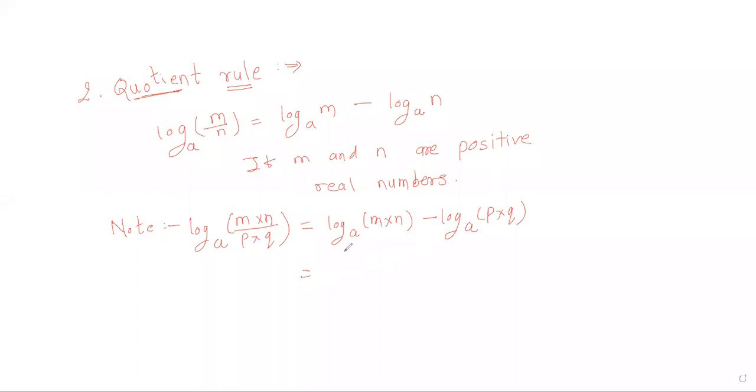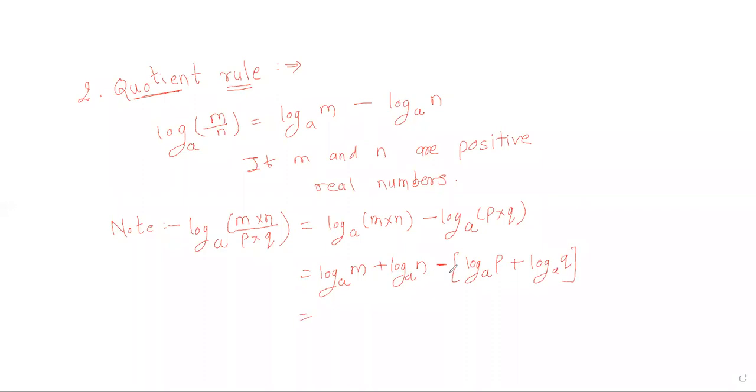Now see, this means what? Log of m to the base a plus log of n to the base a, and minus this one also, write down: log of p to the base a plus log of q to the base a.